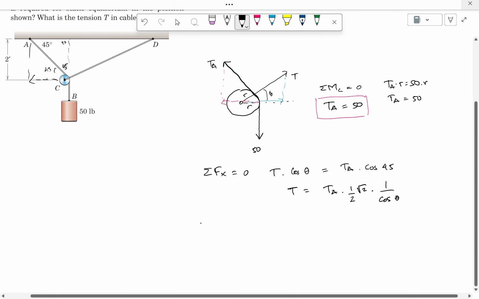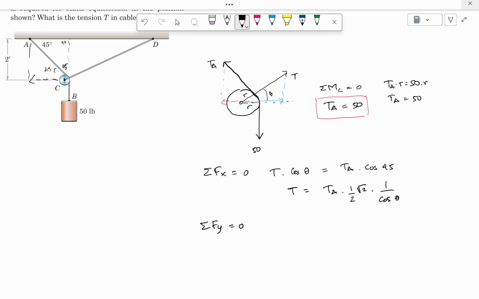And then sigma Fx, sigma Fy, they have to be in equilibrium in the y direction too. So we know that in the positive direction, we have TA cos 45. This TA has a vertical projection, plus the T also has a vertical projection.